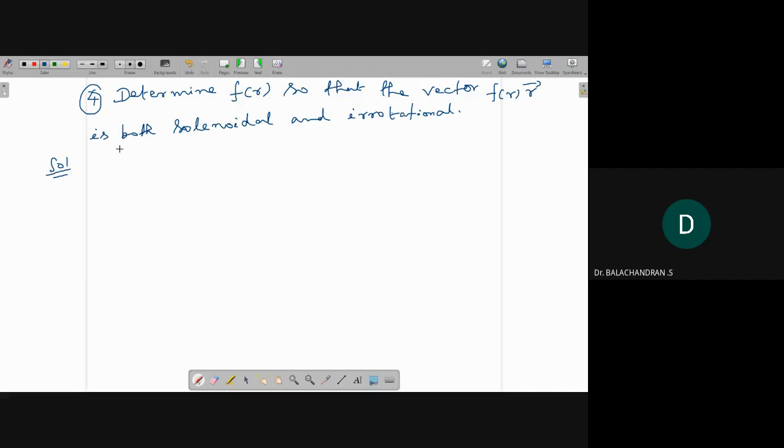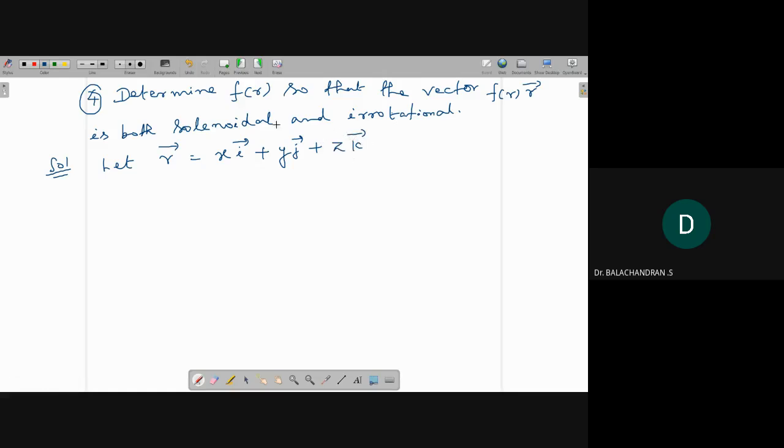So let us take R vector equal to xi vector plus yj vector plus zk vector.